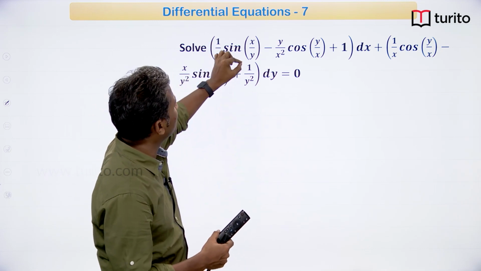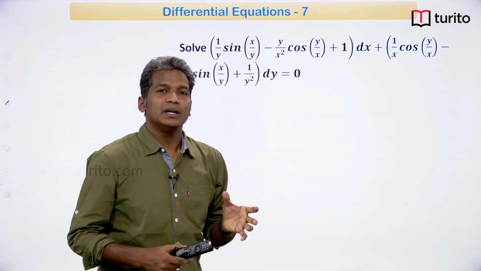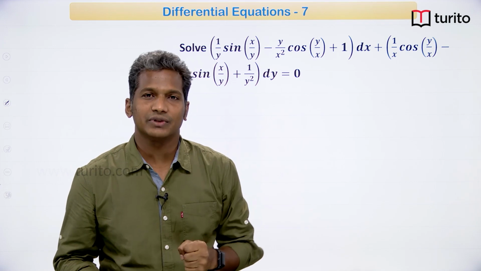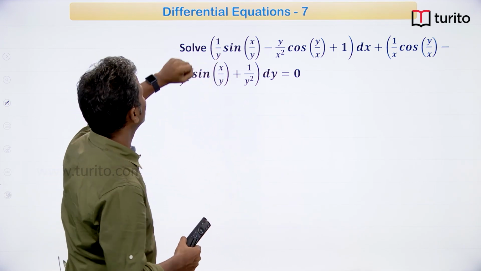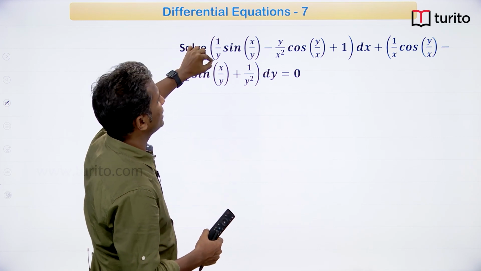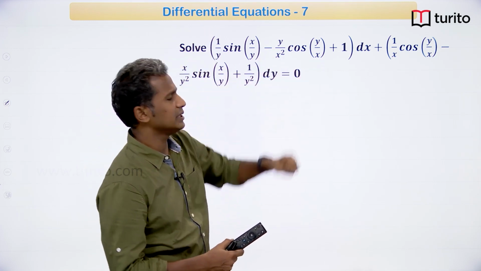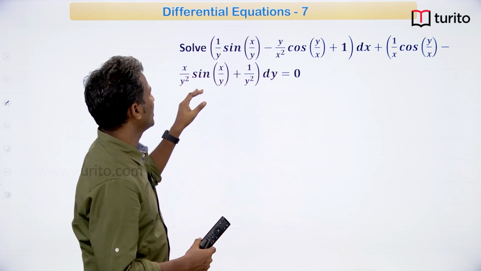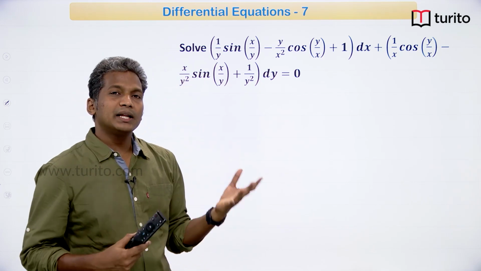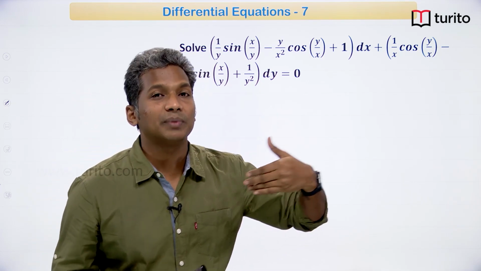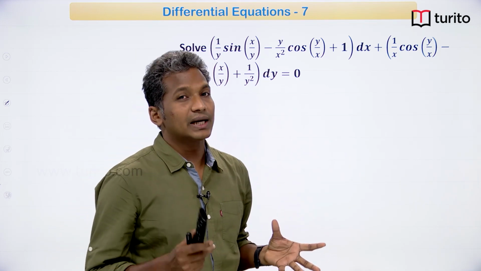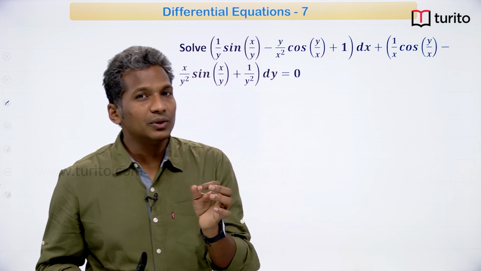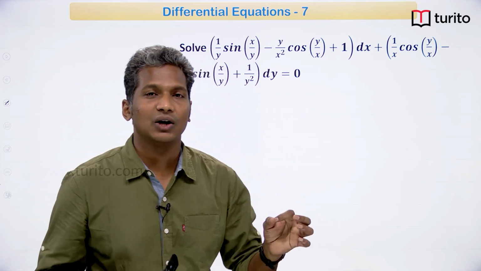But because there is y by x and x by y involved, it may look like a homogeneous equation, but it is not, because here the degree is 1 by linear, and here also it is 1 by linear. If you multiply or divide with x and try to convert this into homogeneous form, you may be able to, but it will take a hell of a lot of time.